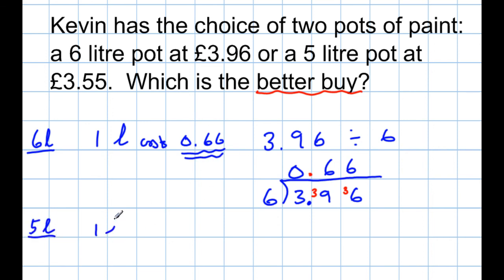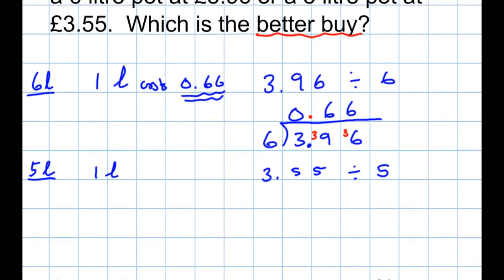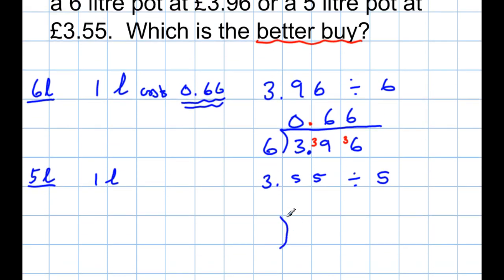What about for the 5 litre one? Same thing. We work out the cost of 1 litre. So if 5 litres cost £3.55, to work out the cost of 1 litre, we divide. So, our bus shelter here, put the number we're dividing inside it, and the number we're dividing by outside it, and a decimal point directly above, in the answer row, directly above the decimal point in the number we're dividing. 5's into 3.